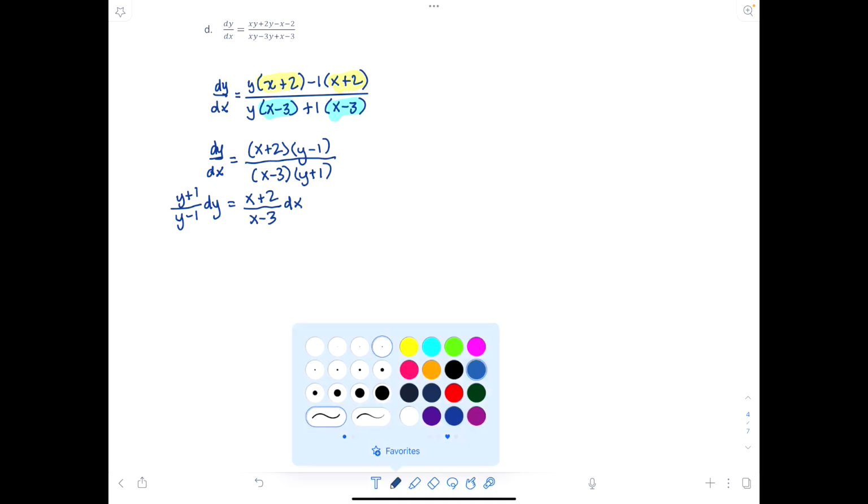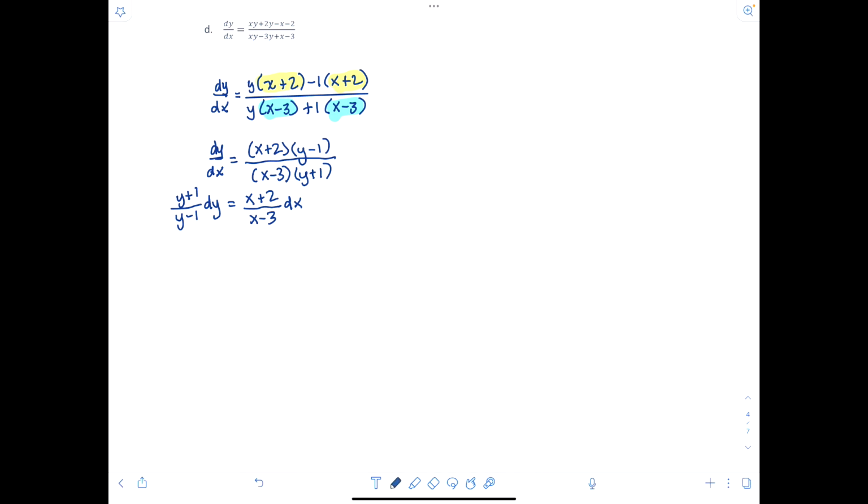So, working on the left side, y minus 1 is the divisor, and y plus 1 is the dividend. And so y goes into y once, so I'll multiply the 1 through the quantity y minus 1. Subtracting the whole term, I will end up with a positive 2 as the remainder. And so this will be plus 2 over the divisor, which was y minus 1.